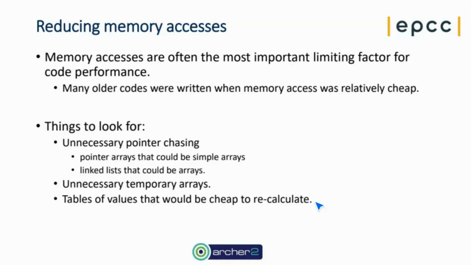If the cost of calculation is relatively small, then it may well be that two or three floating point operations are actually cheaper than a main memory reference. If you're doing unstructured accesses into large tables, then every access is likely to be a main memory reference. There are cases where it's just faster to recalculate things rather than create big lookup tables.